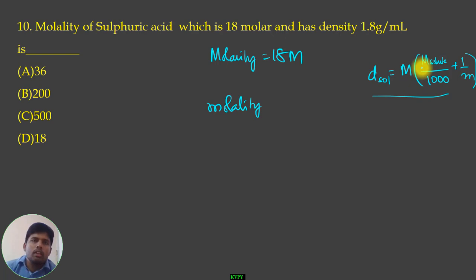But of course, here everything is known. I will calculate in a conceptual way, means not using this shortcut formula, because it's always difficult to memorize this formula. So rather than that, we can simply consider 1 liter of solution.